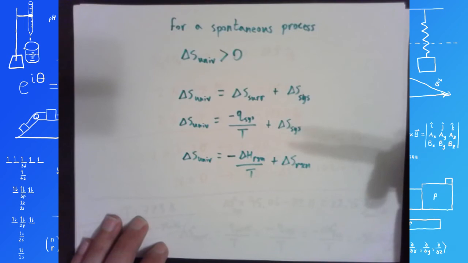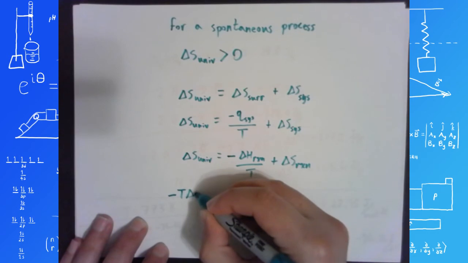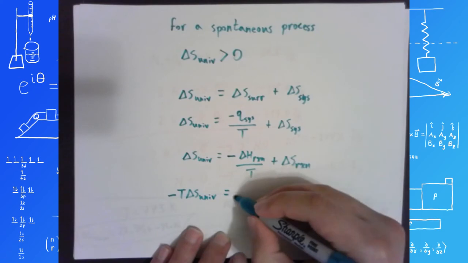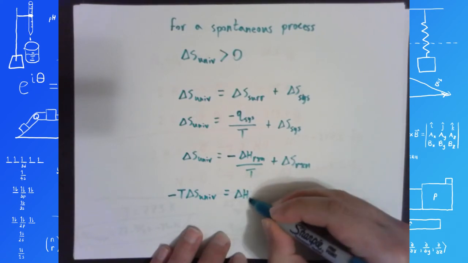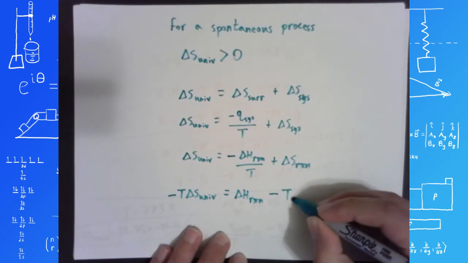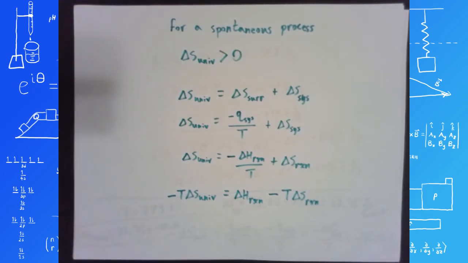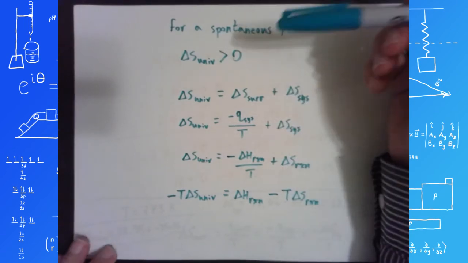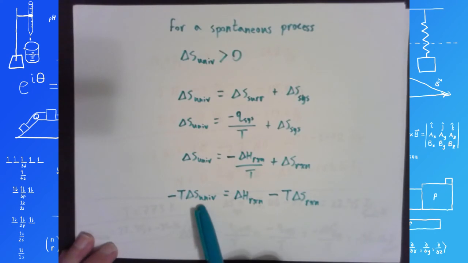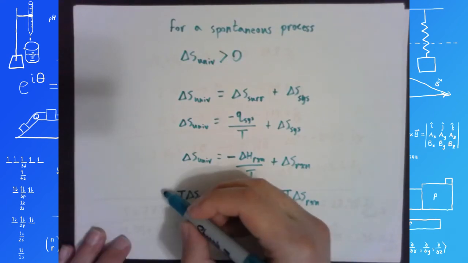If you multiply this whole equation across by negative T, then you get negative T delta S universe equals delta H of the reaction minus T delta S of the reaction. So for a spontaneous process, delta S universe is positive, which means negative T delta S universe is negative. Negative T delta S universe, we give this a special definition.